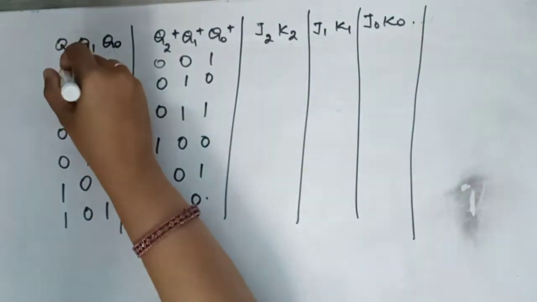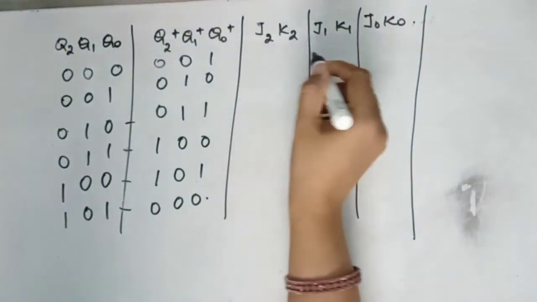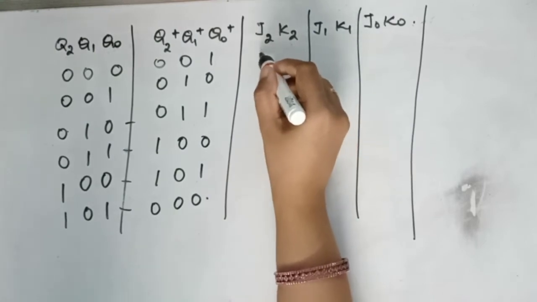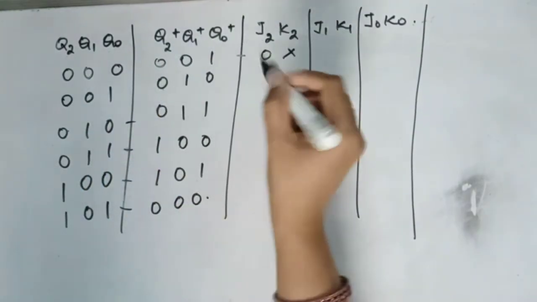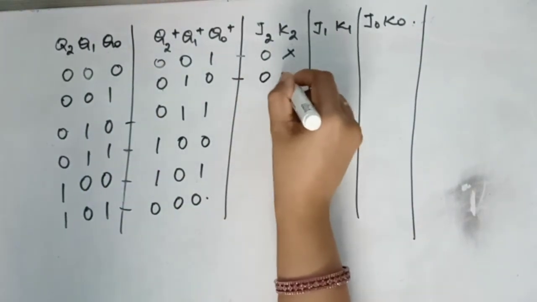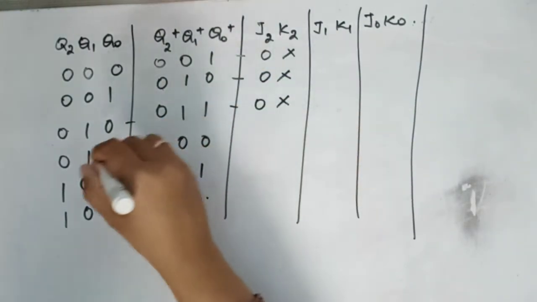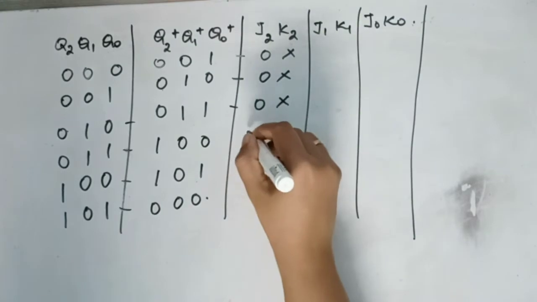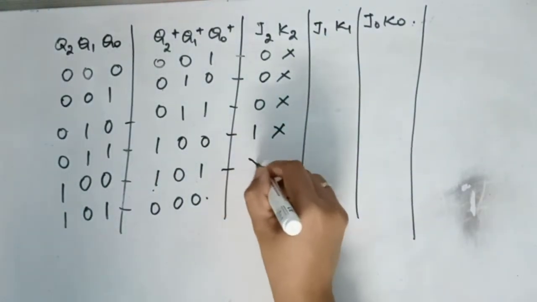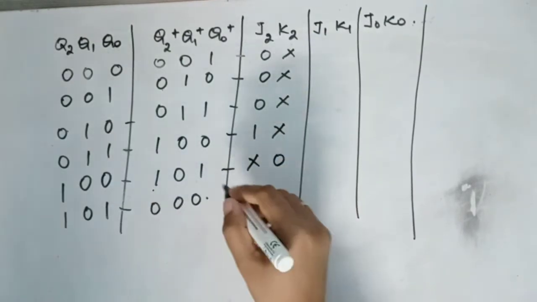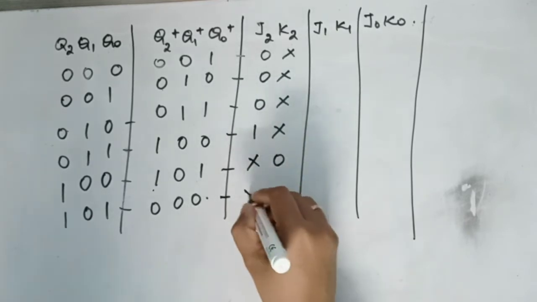So if you see Q2 and Q2 plus and write J2 K2, 0 0 it is 0 don't care, 0 0 it is again 0 don't care, 0 0 0 don't care, 0 1 it is 1 don't care, 1 1 it is don't care 0, 1 0 it is don't care 1.